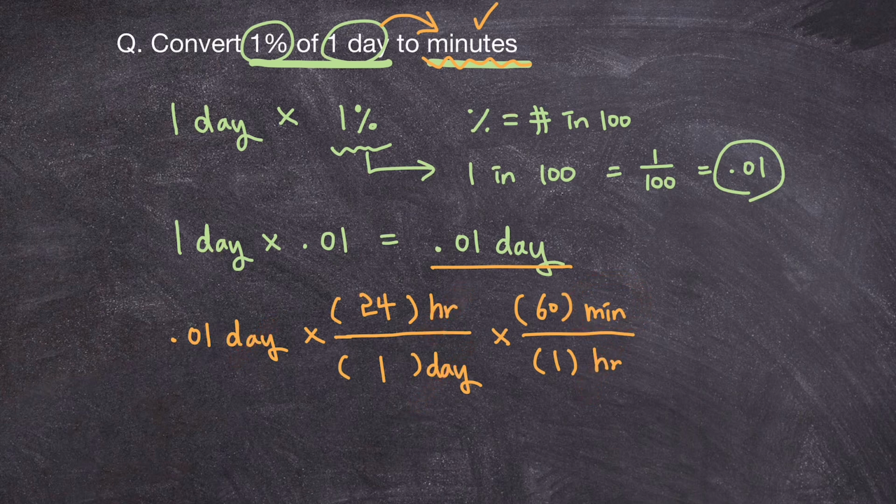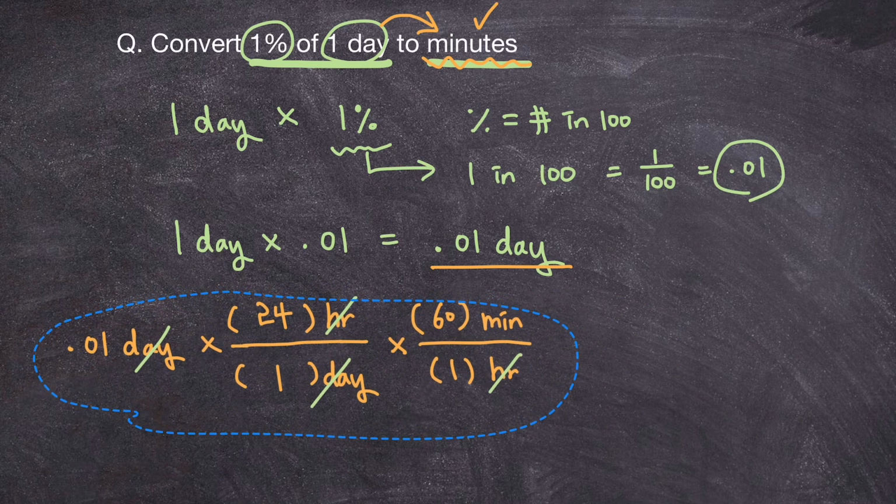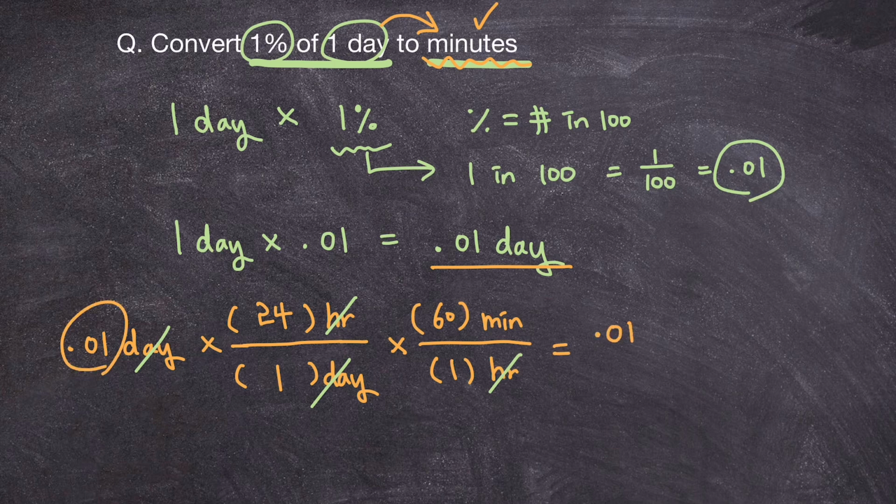So let's do elimination here. Let's cross out days. Let's cross out hour. And if I do that, I'll be left with 0.01 times 24 times 60 in my numerator.